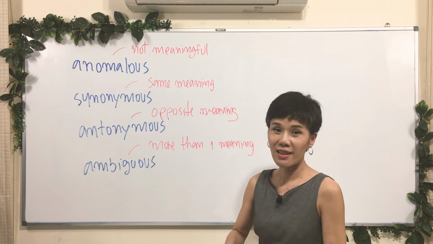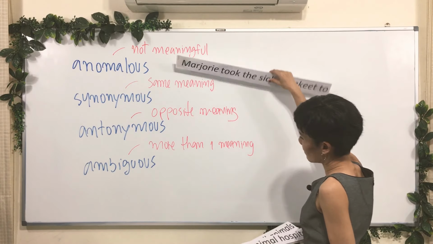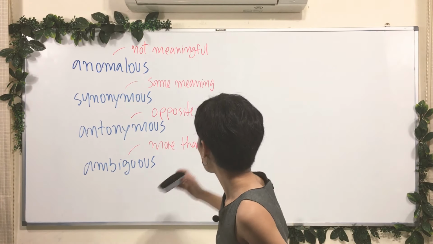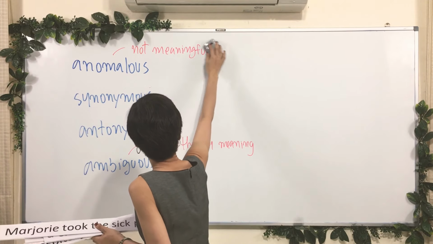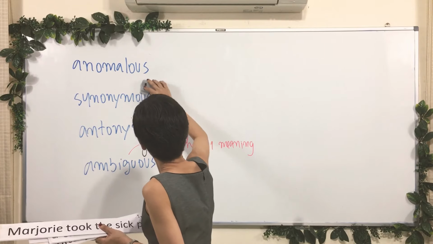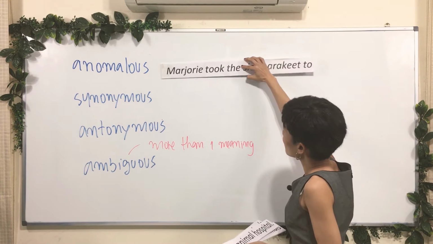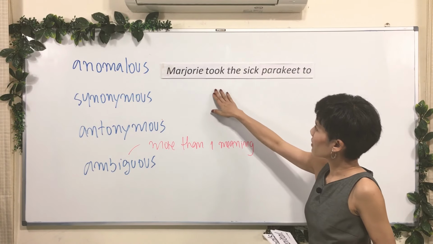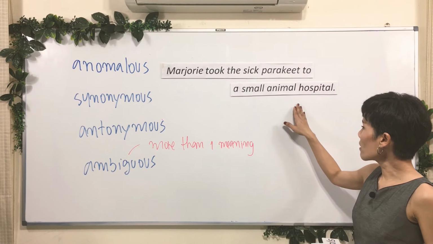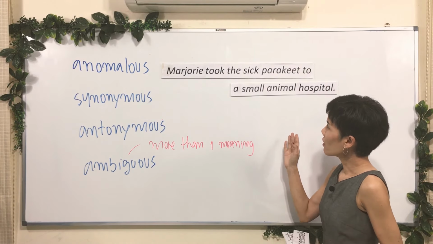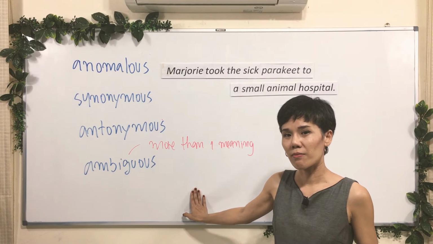It's a pretty long sentence. Okay, here I have this sentence. Majority took the sick parakeet to a small animal hospital. This sentence is ambiguous. It has more than one meaning.